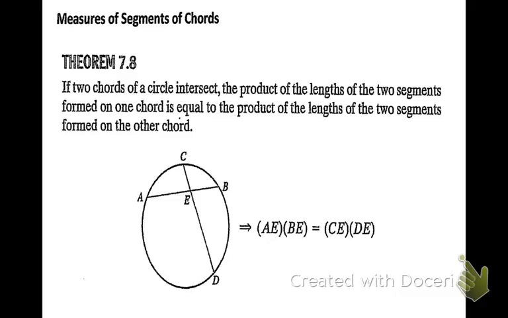Measures of segments of chords. If two chords intersect in a circle, the product of the lengths of the two segments formed on one chord is equal to the product of the lengths of the two segments formed on the other chord. All right.